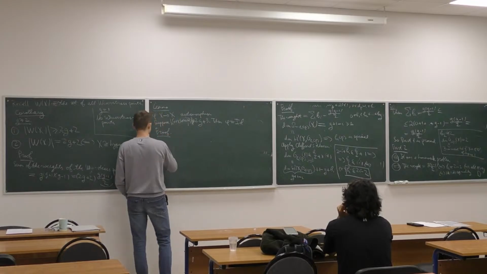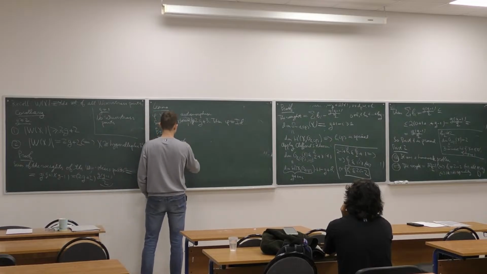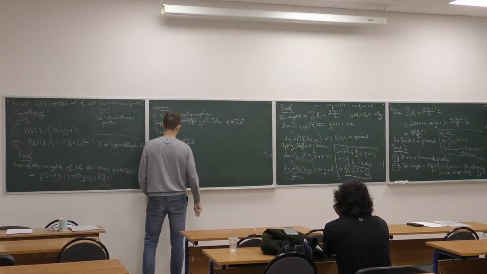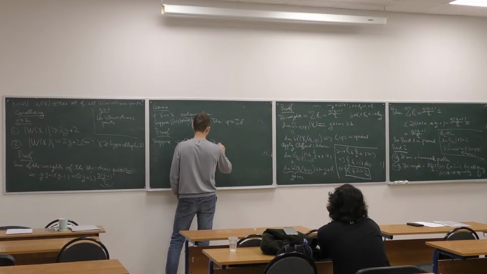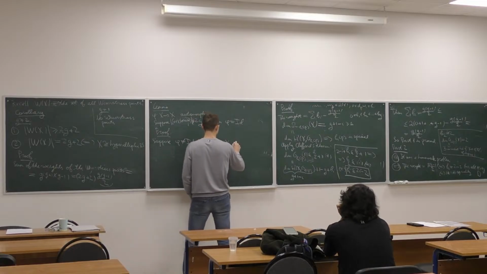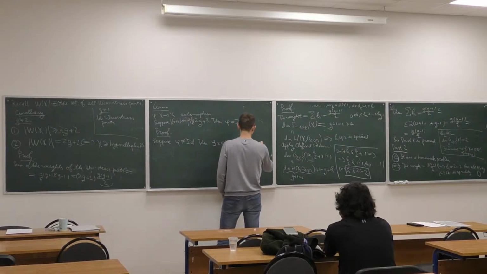By contradiction, suppose phi is not equal to the identity, then there exists a point x such that phi(x) is not equal to x.